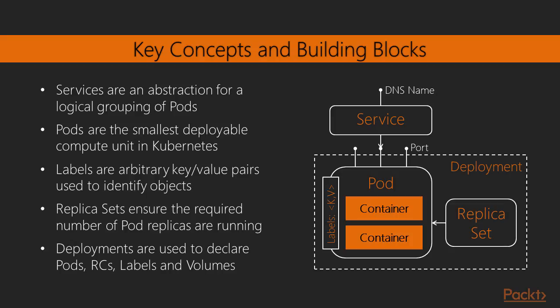So here are some key concepts and building blocks you should definitely know when working with Kubernetes. We talked about the pods in the previous slides, so let's start with them. Pods are the smallest deployable compute unit in Kubernetes. Think of pods as a grouping of Docker containers, maybe. So a pod can contain one or many Docker containers.